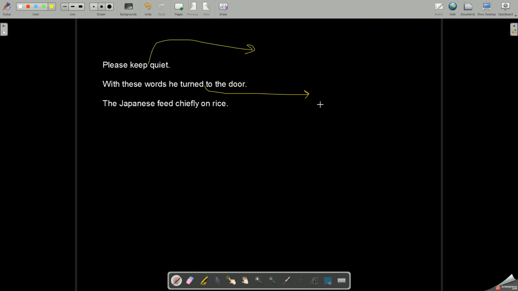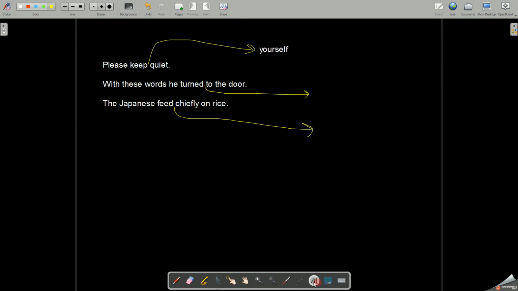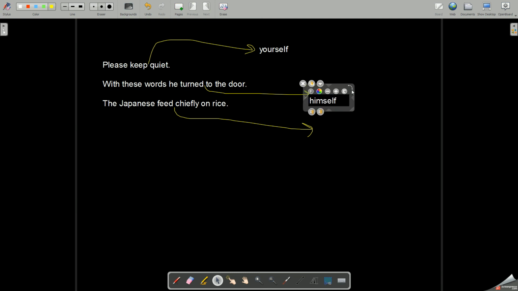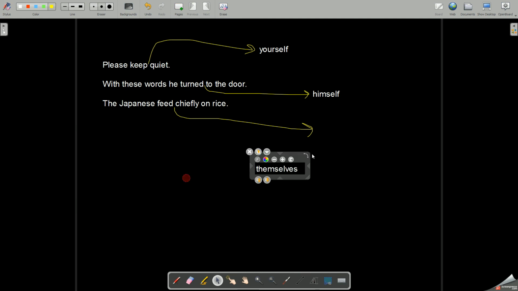With these words, he turned something to the door. The Japanese feed something chiefly on rice. So, what? Please keep yourself quiet. With these words, he turned himself to the door. The Japanese feed themselves chiefly on rice. So here these words are implied.